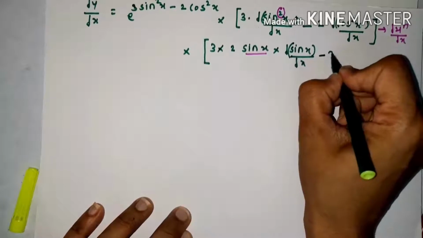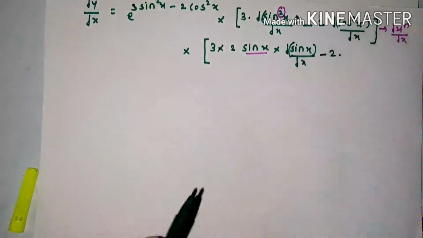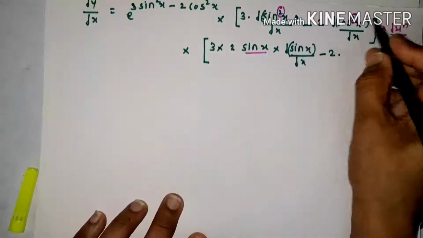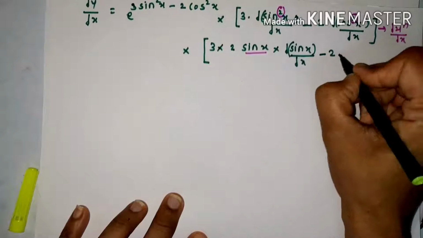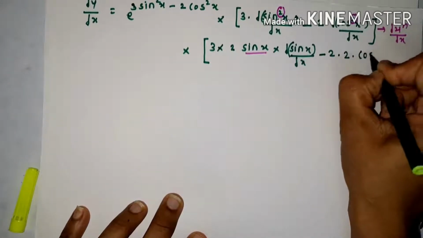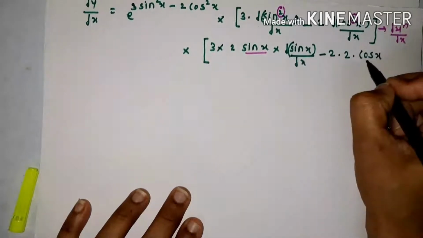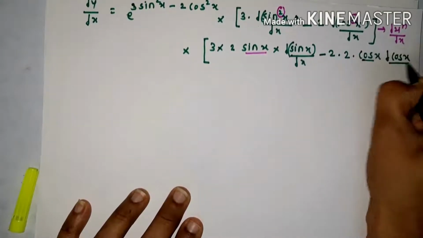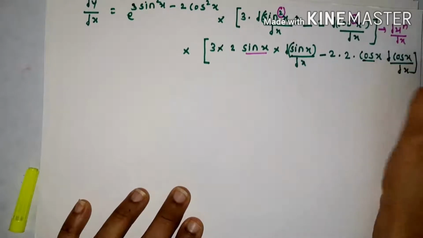Minus 2 as it is. Again similarly, the 2 is the power of cos, and again by using this formula, this is equal to 2 as a constant, 2 into cos x, and the differentiation of this cos x, which is again a differentiable function, is the differentiation of cos x with respect to x.